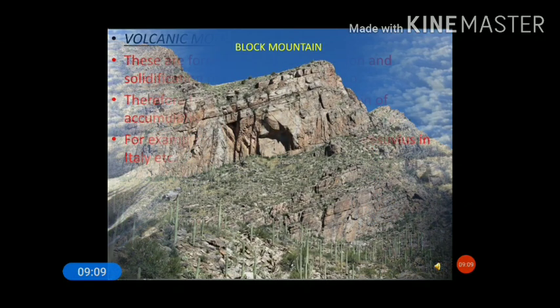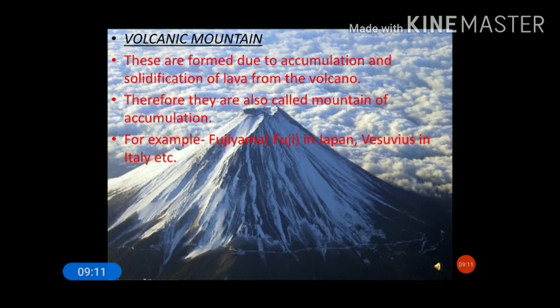Now coming to the next, that is volcanic mountain. These are formed due to the accumulation and solidification of lava from the magma, from the volcanoes. The magma that comes out on the surface in the form of lava gets deposited on the surface.